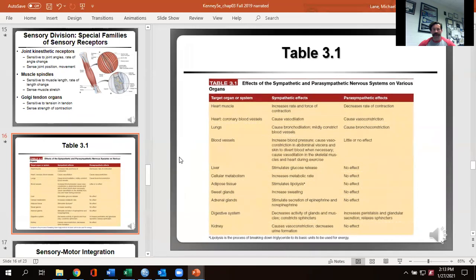You know, our heart's beating faster. We're going to have some vasodilation to the heart itself, and some bronchodilation. We're breathing more, along with slight constriction of blood vessels. That's the epinephrine. Epinephrine is a global vasoconstrictor, which is really cool. And that's where you might say someone was so scared they turned pale.